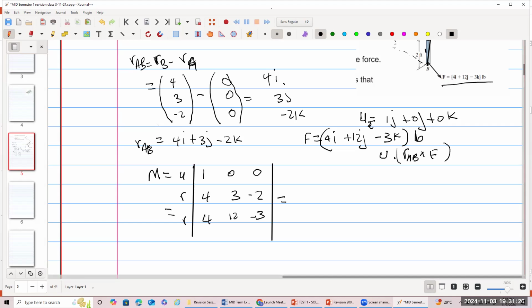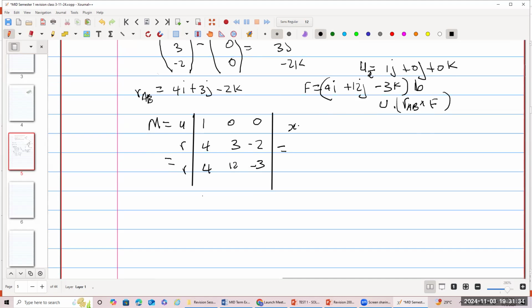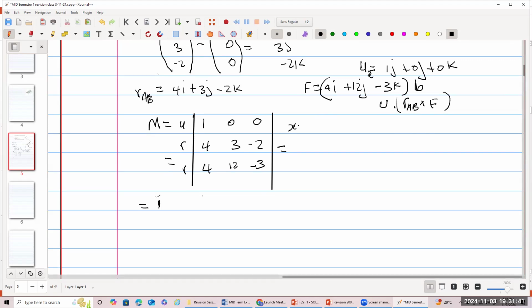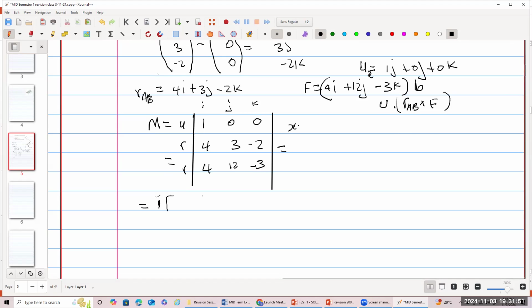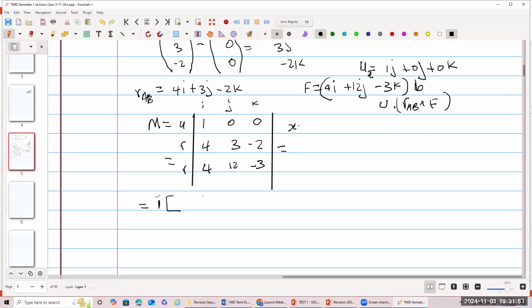For the x value, we don't really have an x value here. Everything can multiply out together, because it's one scalar value we're going to get at the end of the day. So it's 1 times, and remember, this represents i, this represents j, and this represents k. So it's 1 first, bracket, then we find the determinant.